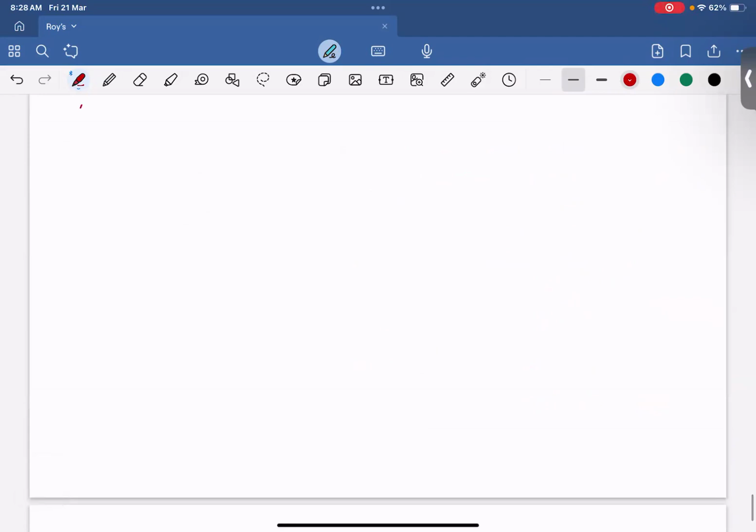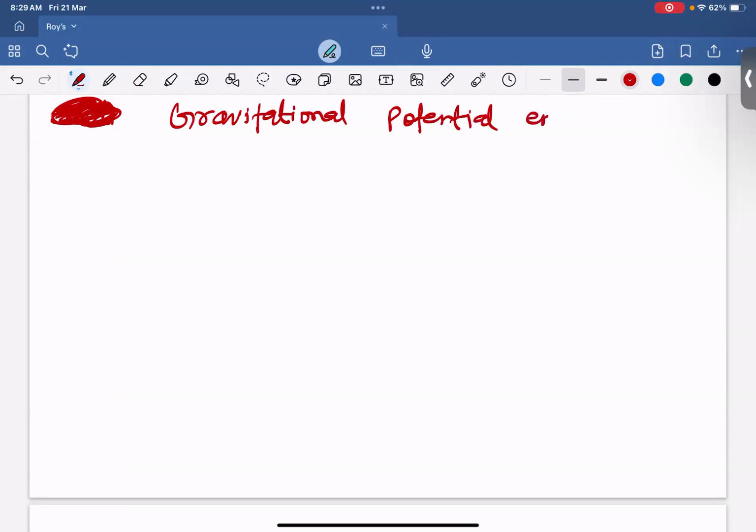Now let's discuss solid state. Or let's first discuss gravitational potential energy.